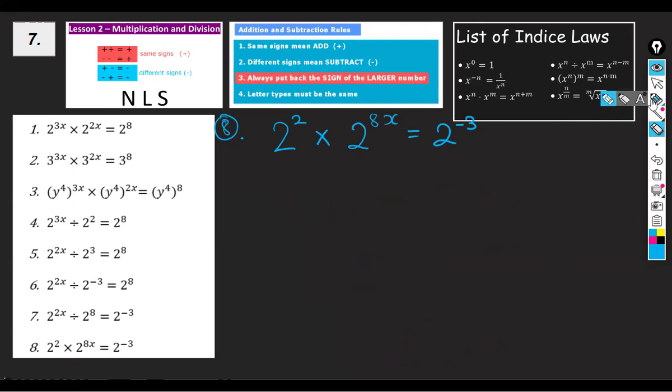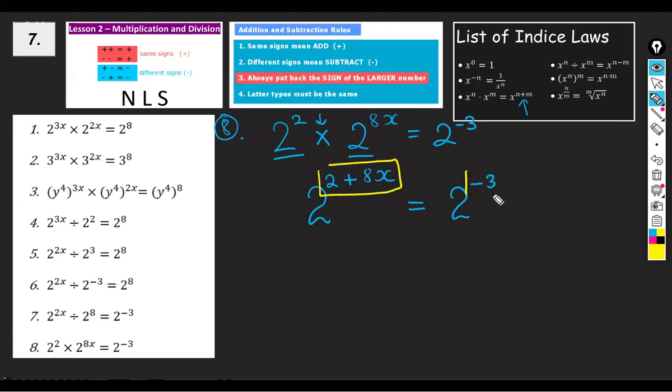Right. So multiply means to do what now? Add the powers. Because if divide means to minus the powers, then multiply has to be the opposite. So the bases are the same. So 2 to the power 2 plus 8x this time, because it's a multiply, is equal to 2 to the power minus 3. Well, equate the powers.